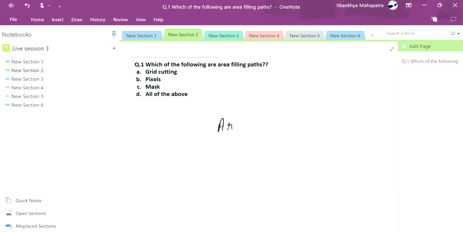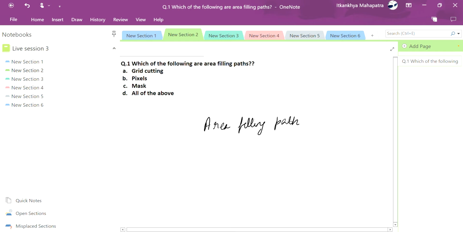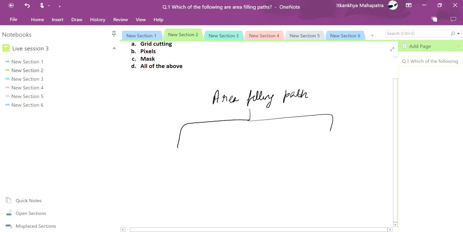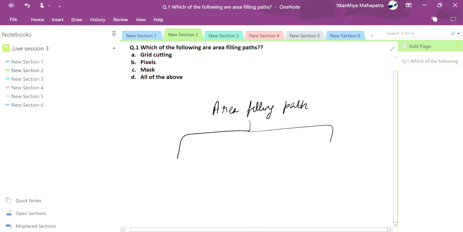Okay, so area filling path consists of four methods: grid cutting, pixels, path, mask. So the correct option is all of the above.